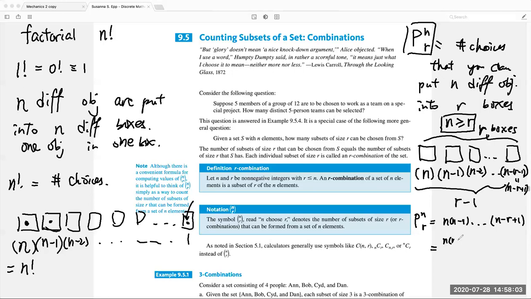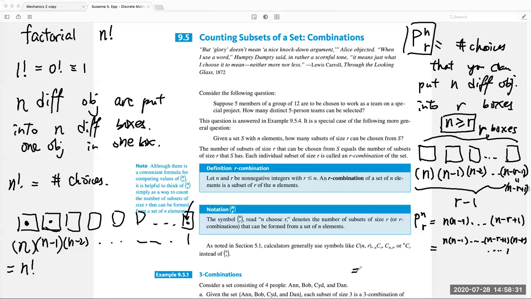So let me write it down. n minus r plus 1, then times n minus r, and then up to what?